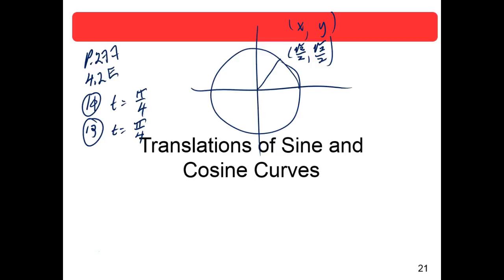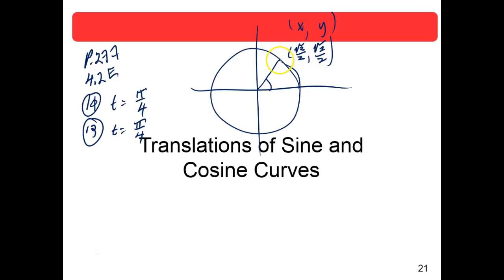And on number 13, when it says evaluate, if possible, the sine, cosine, and tangent. So let's do 13 too. What is the sine of that t equal pi fourths? Okay, yeah, that was very good.